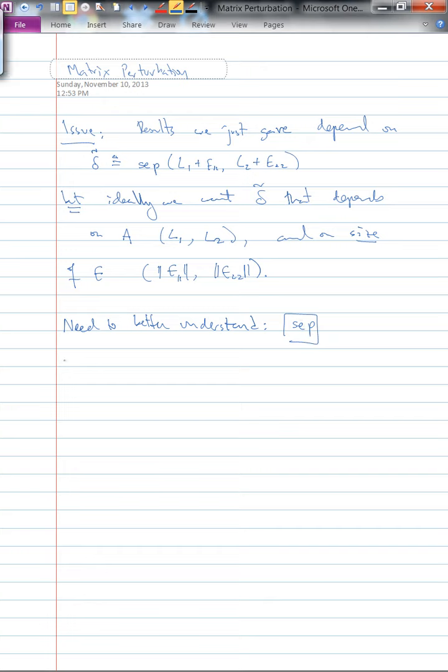So we need the following continuity theorem. More than a continuity theorem, it tells us that it's Lipschitz continuous with Lipschitz constant 1.